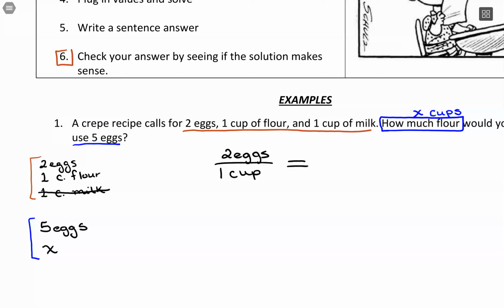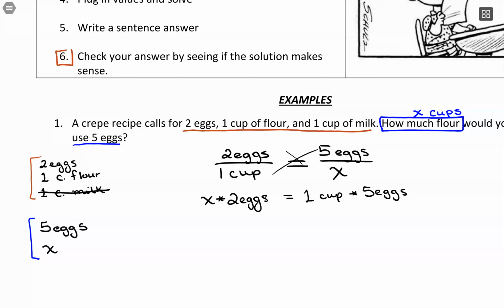And what we can do is set that equivalent to if we had 5 eggs to our unknown. And then we'll cross multiply. So x times 2 eggs equals 1 cup times 5 eggs. Divide by 2 eggs.